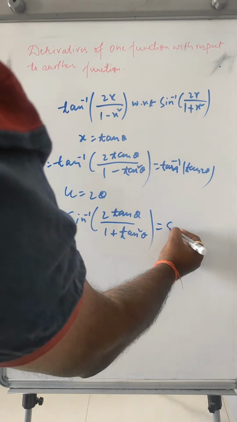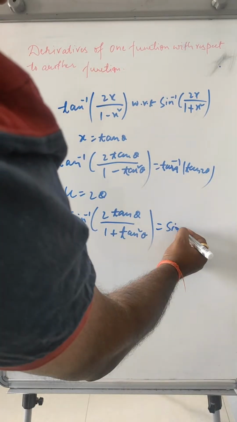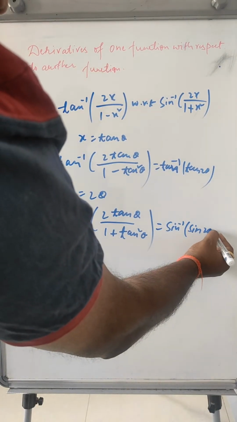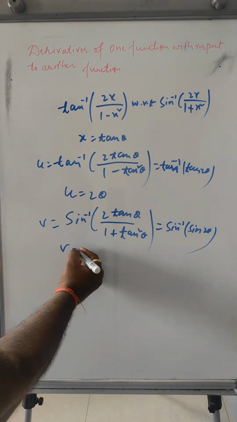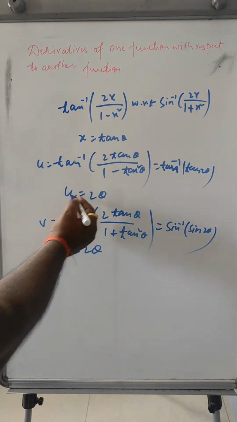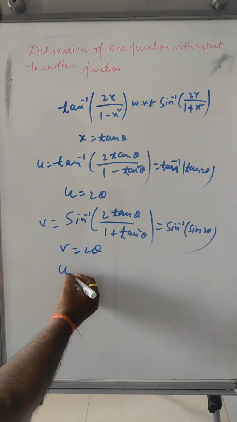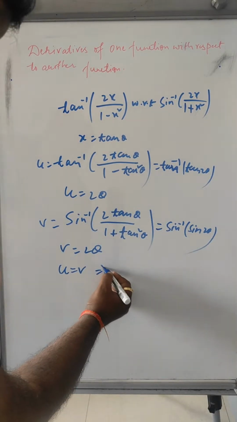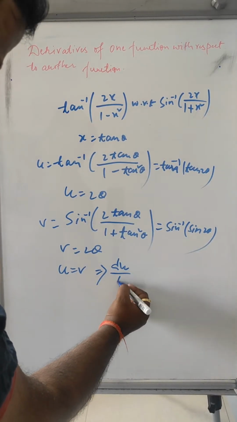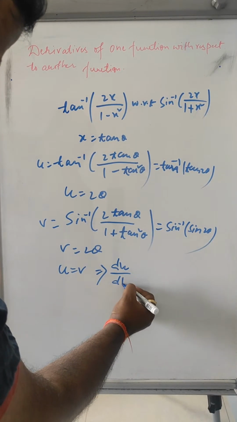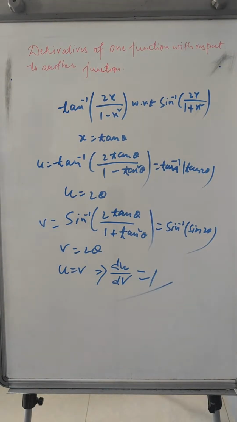So here sin inverse sin 2 theta, so v is also equal to 2 theta. u and v are the same, correct? Then du by dv is equal to 1. Correct? So this is also fantastic.